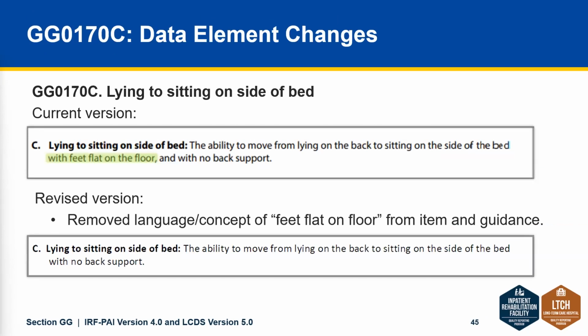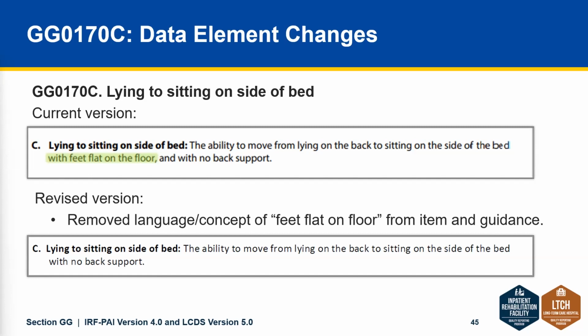With GG0170C, lying to sitting on side of bed, there is a change in the item description itself. Currently, the description includes that once the patient is in a seating position, the assessment includes feet flat on the floor. In the revised version, that language and concept have been removed, and the item now states that the patient should end the activity sitting on the side of the bed with no back support.